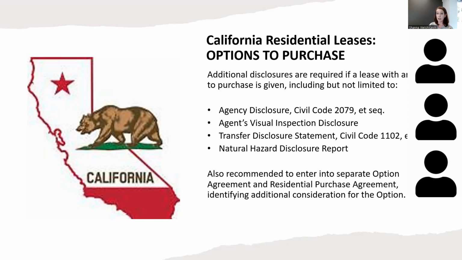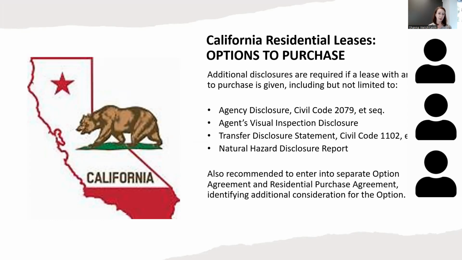And I find that they often are unclear, ambiguous, and not containing the appropriate disclosures. So just be aware that if you're creating a lease with an option to purchase, you have to provide, as a real estate professional, your agency disclosure pursuant to Civil Code 2079, your agent's visual inspection disclosure, and your client, the owner of the property, needs to provide a transfer disclosure statement.